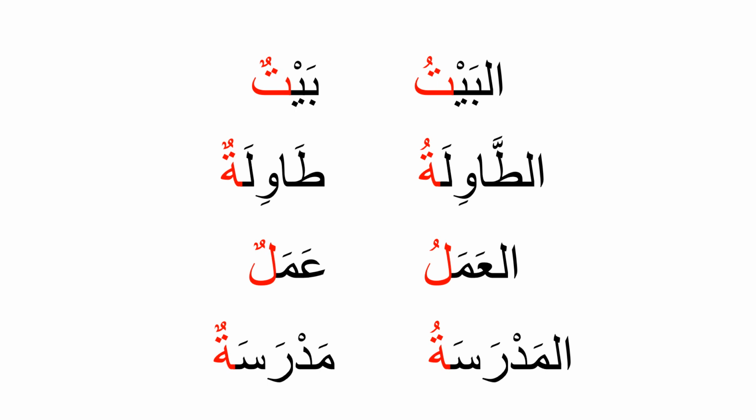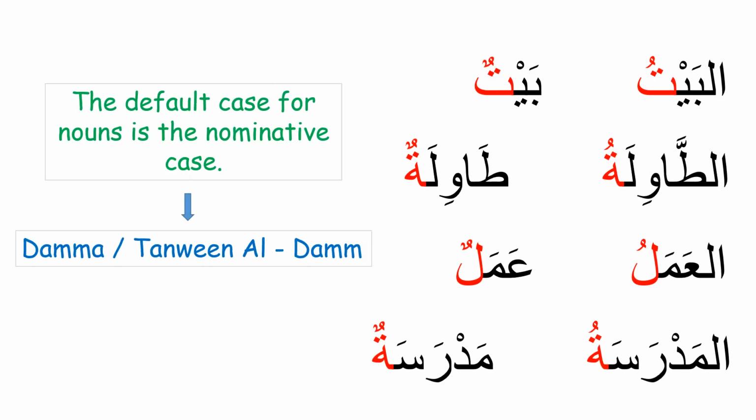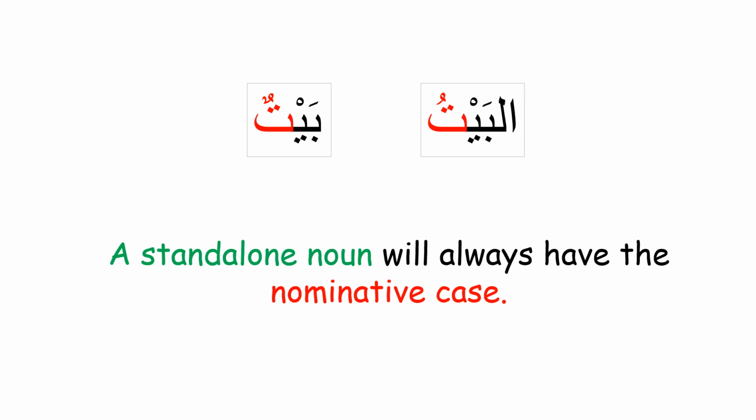Well, the reason behind that is the default case for nouns is known as the nominative case, either a dhamma or a double dhamma, depending on what? You've guessed it, depending on the state of definiteness. To put it differently and simply, a stand-alone, or let's say an isolated noun, will always end with either a dhamma or a double dhamma.